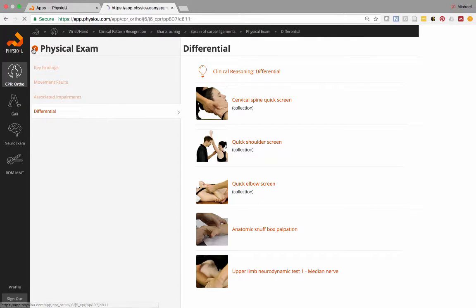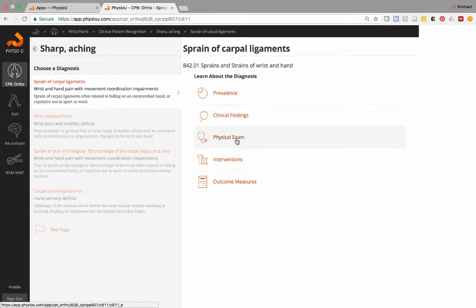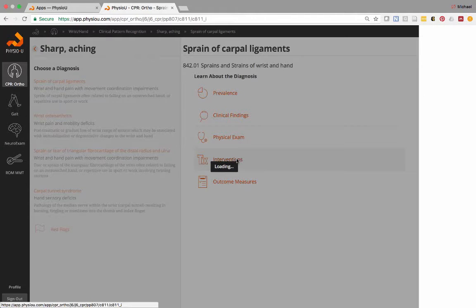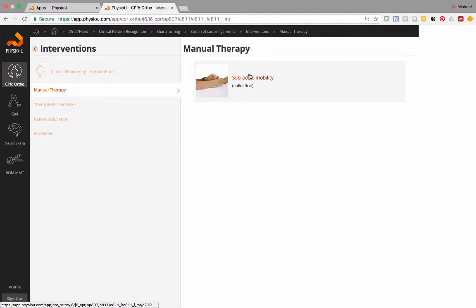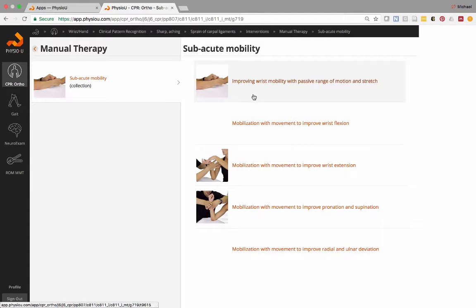All right, we're done with the physical exam. How would I treat this patient? In general, when it comes to subacute mobility, you may consider you need to restore mobility of the wrist and thumb and hand. You see a number of mobilization with movements, right? Some passive range of motion stretching.